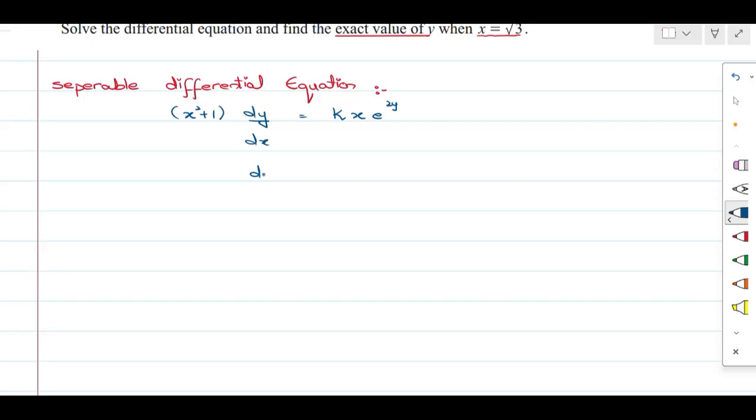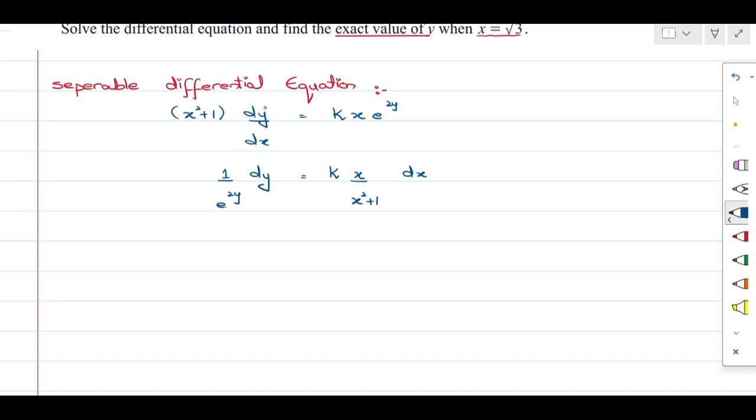Dy is already over here. Let me shift all the functions to the other side. So k is a constant, x, and we divide by (x squared plus 1) and dx, and here we have 1 over e to the power 2y. Let me explain what I did.